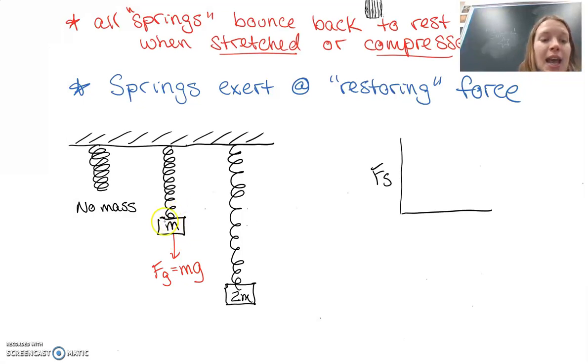And if it's hanging here in equilibrium, it's not bouncing. Springs sometimes will really bounce, and that's a conversation for another day. But if it's in equilibrium, then there must be a force balancing it out, and we're going to call that the spring force. Because it's in equilibrium, that spring force is equal to the force of gravity in this case.